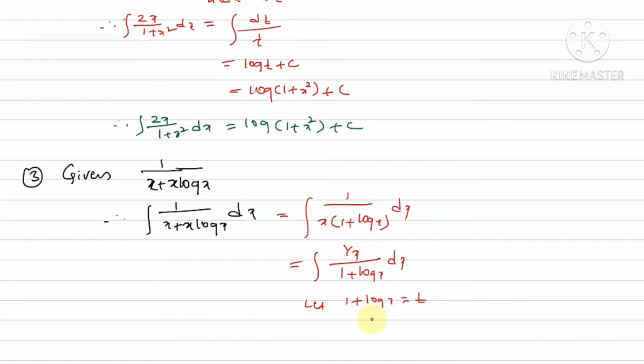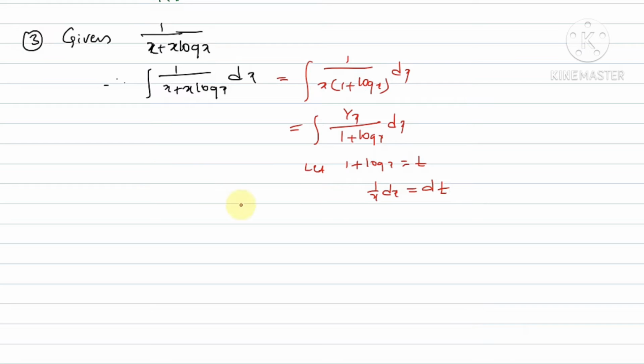Then the derivative is 1 by x dx equal to dt. Substituting, the integral is dt upon t. This is again the integration of 1 by t, so it is log t plus c, which implies log of 1 plus log x plus c.